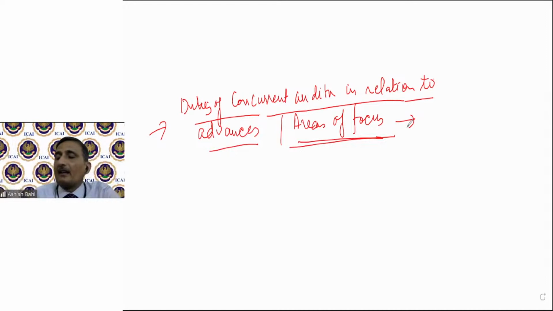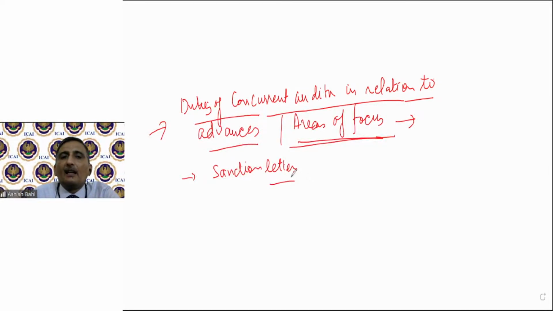So again, those simple basic things. Say for a month, he would be checking all the sanction letters of advances sanctioned during a month.